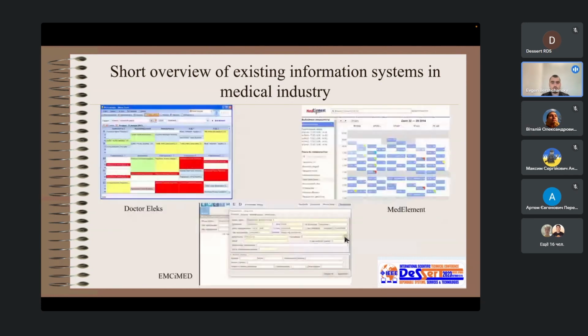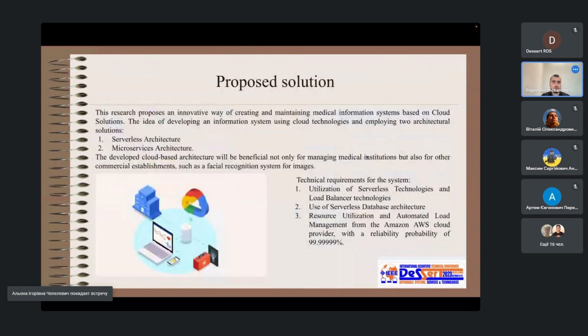Here we have short screenshots and functionality. What we can see is the administration of different cabinets of a medical institution, some schedules, some patient information, schedules for doctor appointments, and so on.